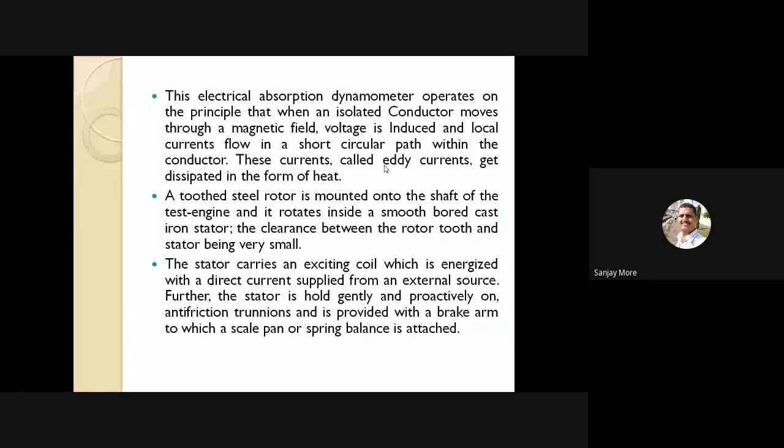Full stop. Next line. The stator carries an exciting coil which is energized with a direct current supply from an external source.